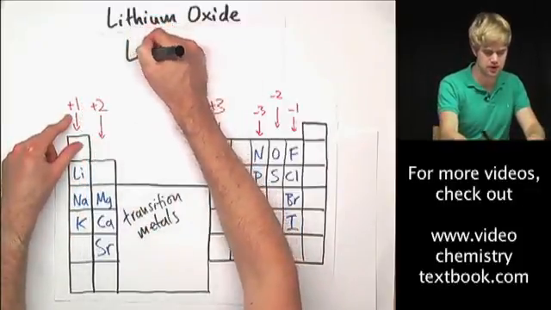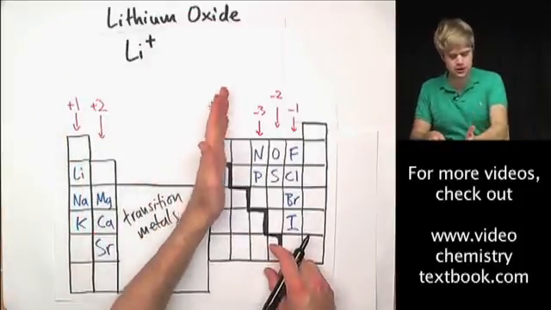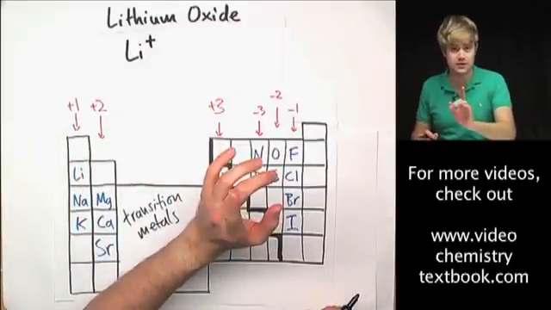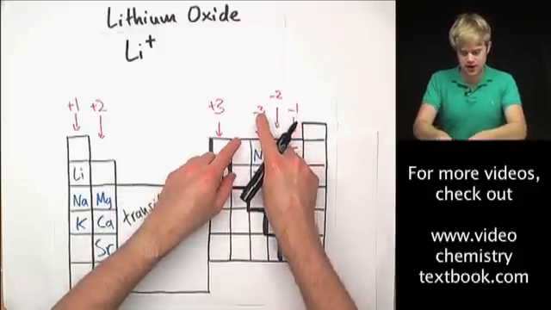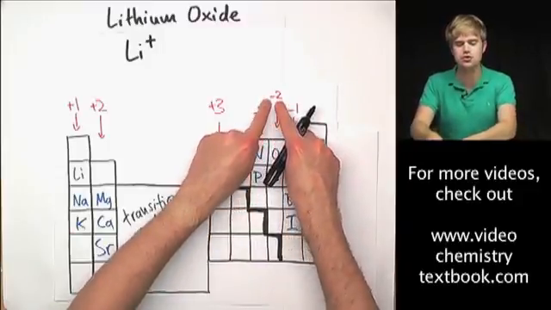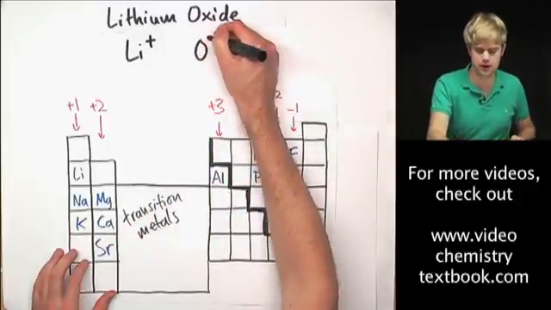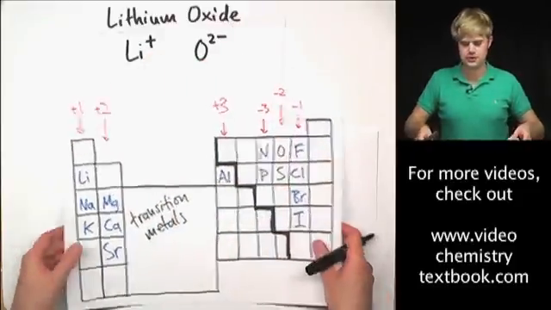So I'm going to write this right here, Li 1+. Everything in this column has a 2+ charge, 3+ charge. You might want to write this on your own periodic table for your reference. Everything here has a 3- charge, and oxygen, which lives in this column, has a 2- charge. So I'm going to write it right here. So Li 1+, O 2-.